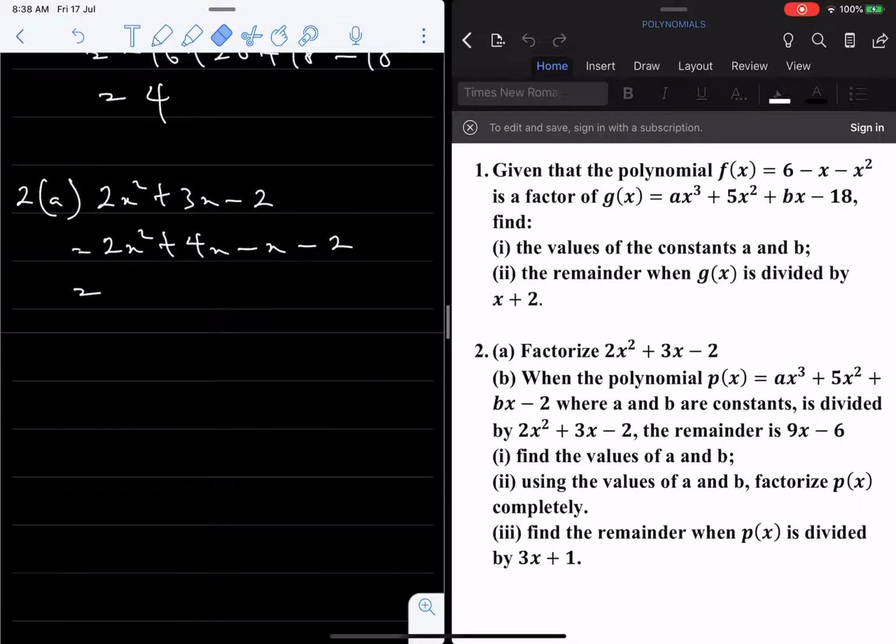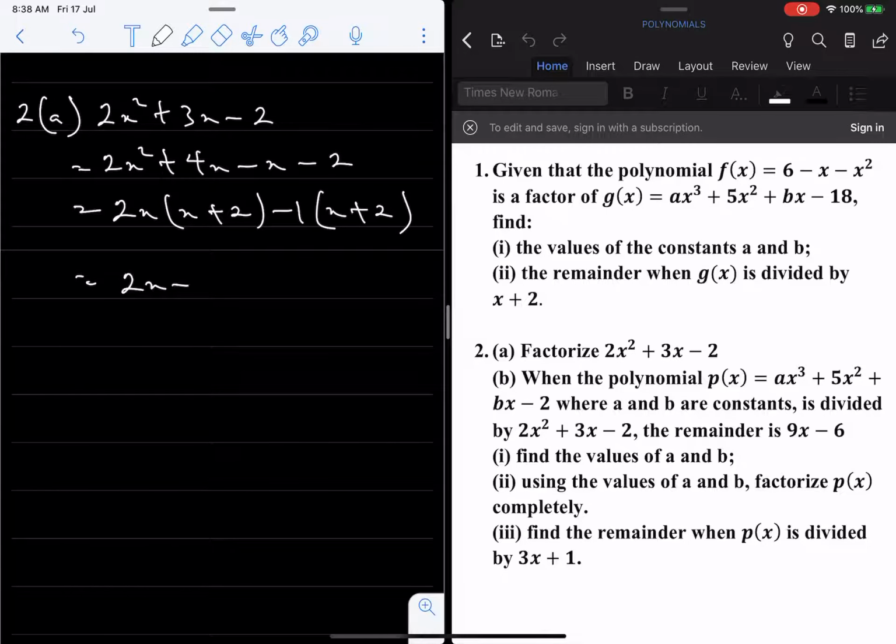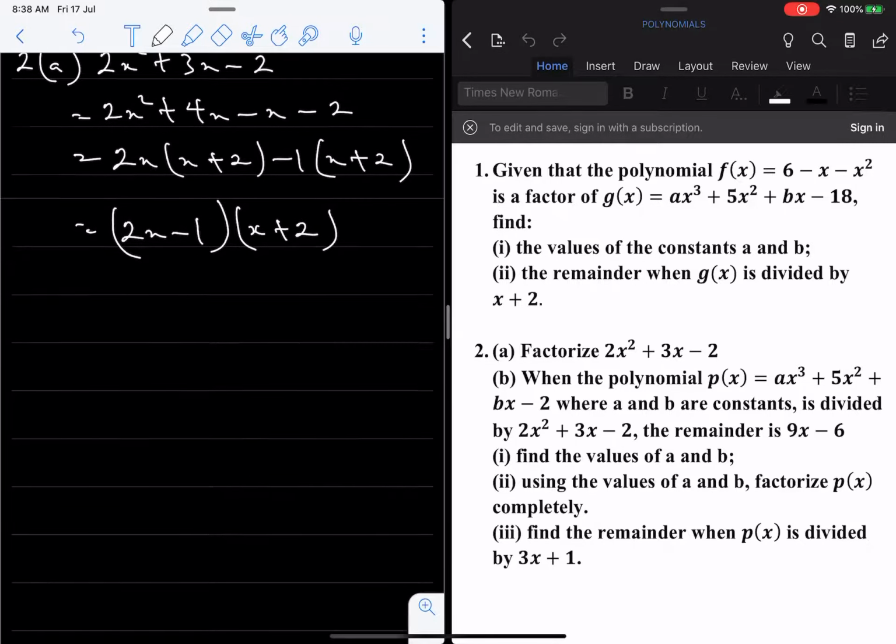And that's 2x into bracket x plus 2 minus 1 into bracket x plus 2, which simply means 2x minus 1 times x plus 2. Those are the factors of 2x squared plus 3x minus 2.